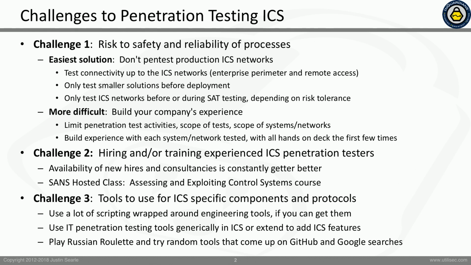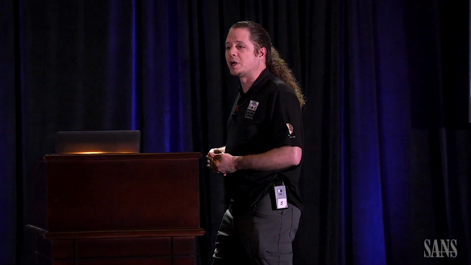One thing that we can do, if we choose not to do any type of penetration testing or security assessment of our control systems, is we can at least do penetration testing up to our control networks. So do penetration testing and assessments from our enterprise, trying to come up against the perimeter, or all the ways that we have sanctioned to be able to get inside the control networks.